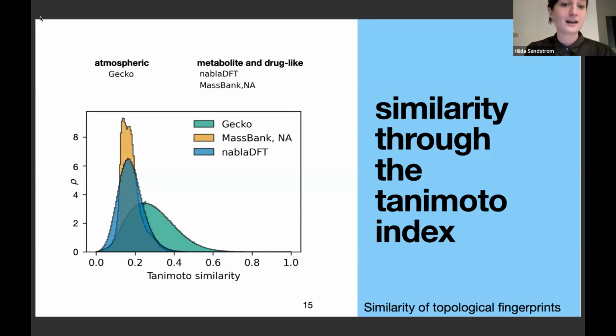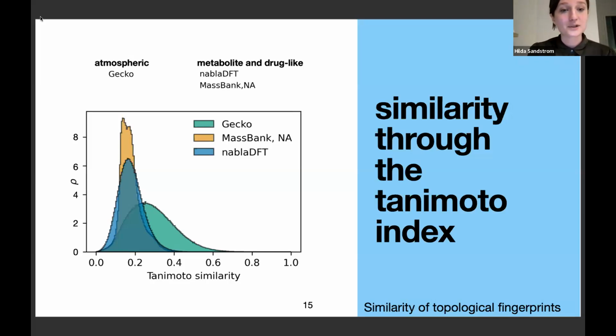And then the yellow and blue distributions show the similarity between the Gecko molecules and the MassBank and Nabla DFT molecules. The average similarity is higher between the Gecko molecules, but not by much.